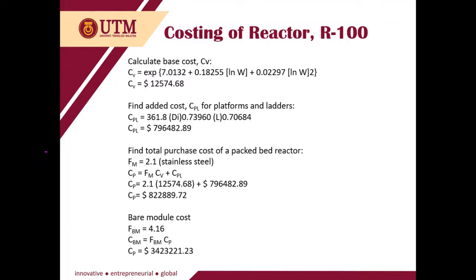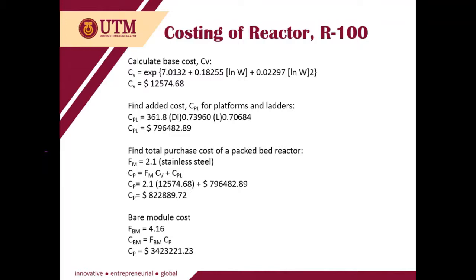Next is the costing of reactor R100. First, calculate the base cost CB, which is $12,574. Find the added cost CPL for platform and ladder, which is around $796,000.